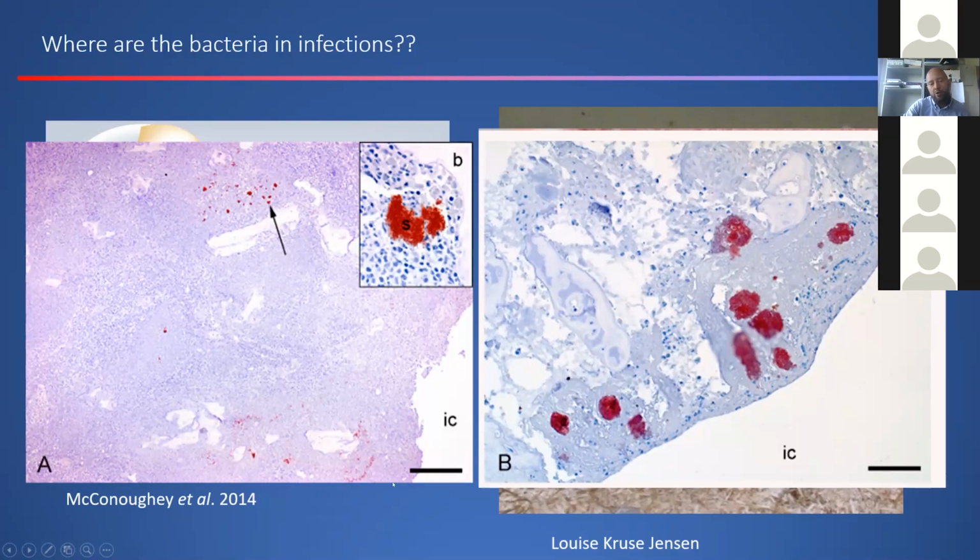And then when she looked afterwards, she could find bacteria still stuck on the implant, but also out here in the inflamed bone tissue, or inflamed bone. So the bacteria not only stick onto surfaces, but can also be present adjacent to a foreign object.